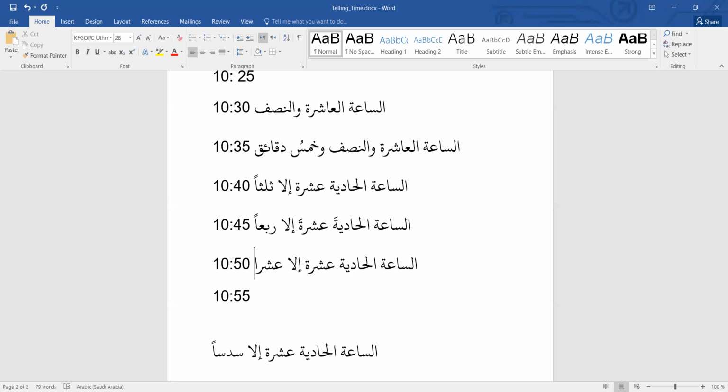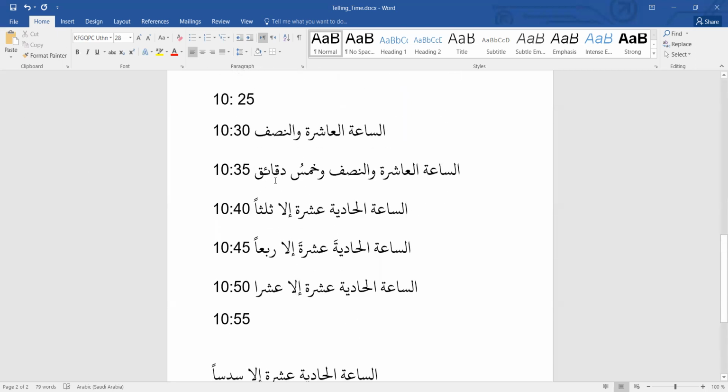The singular of minutes is daqiqa, and when we are writing numbers like this, what I'm writing here is masculine, because the singular of daqaiq is daqiqa. Ustaz taught us that when writing numbers in the form of mudaf and mudaf ilayh, the mudaf takes the gender opposite to the singular of the mudaf ilayh.